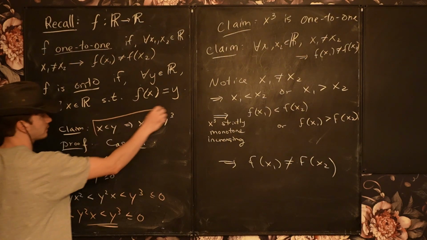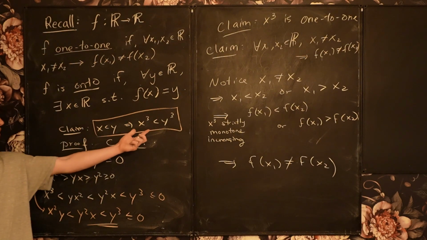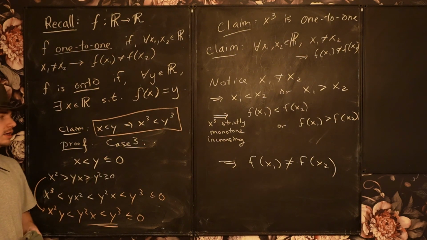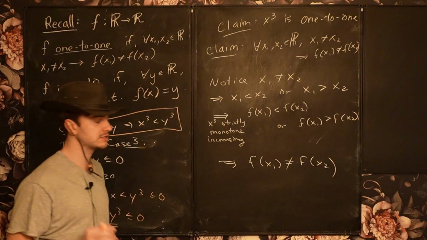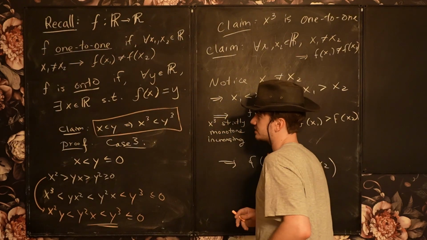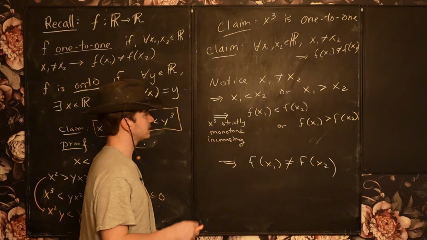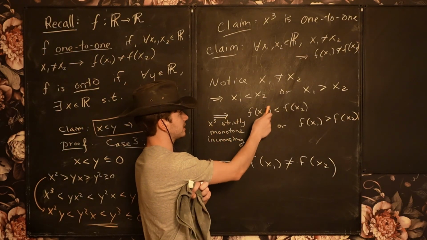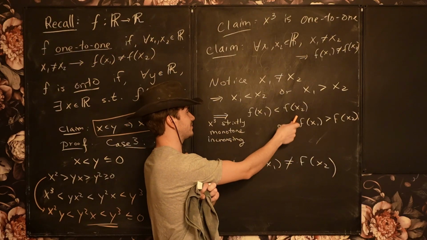Okay, so what have I established? I've established the following claim that x less than y implies that x cubed is less than y cubed for any real numbers x and y, irregardless of their position with respect to the number 0. And so what this tells me is that since x cubed is strictly monotone increasing, then x1 less than x2 implies f of x1 is less than f of x2.